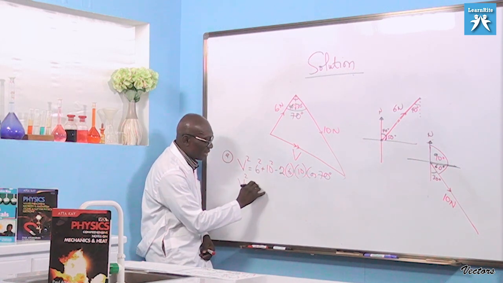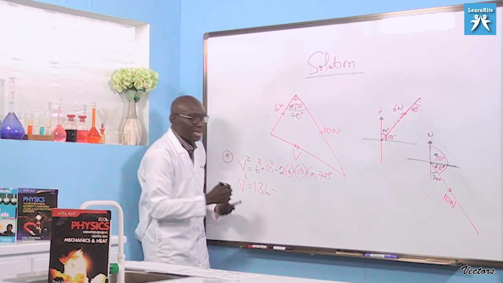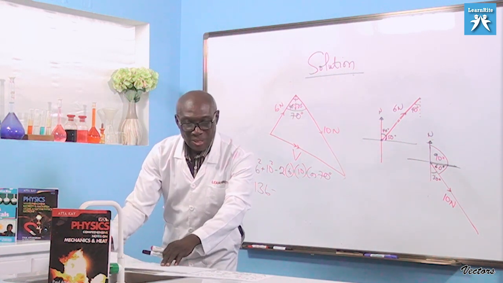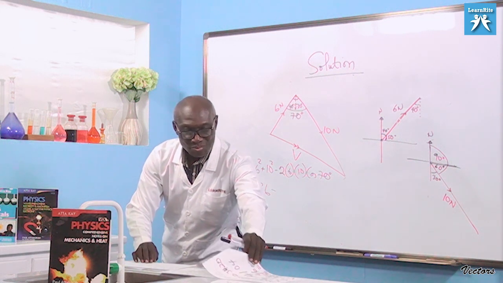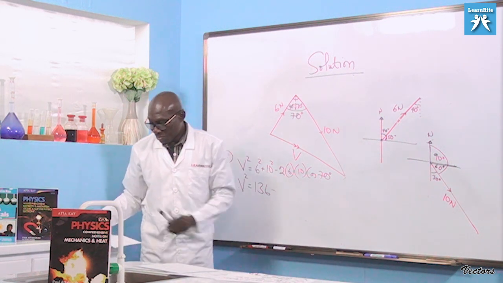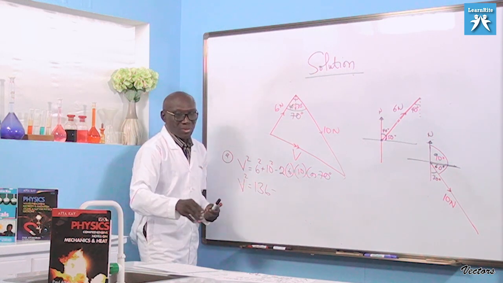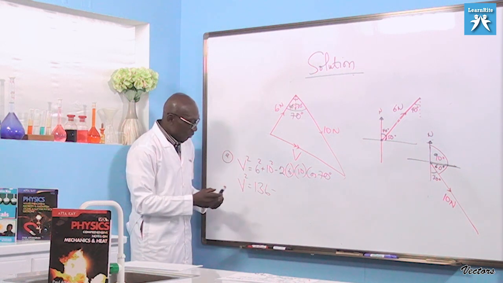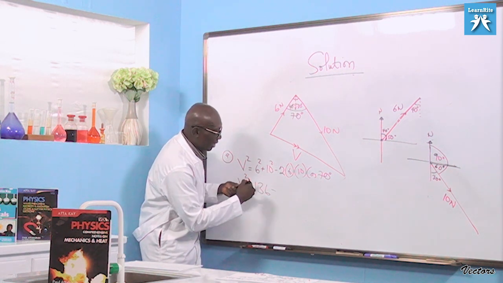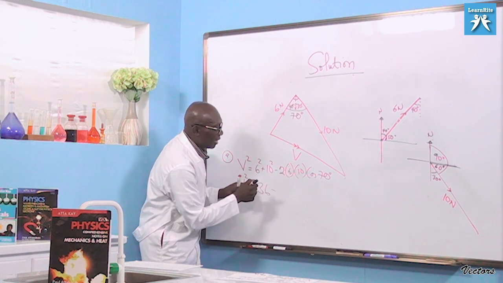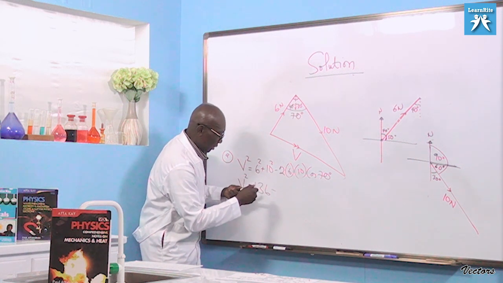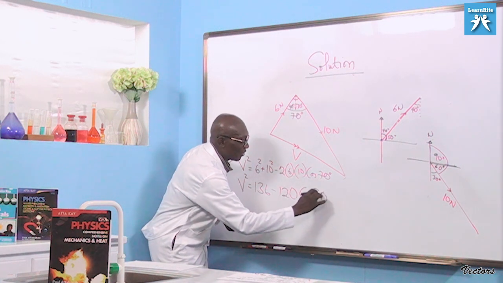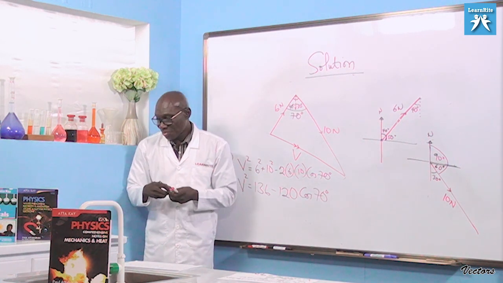Put together, I'm going to get 136 minus 120 cos of 70 degrees.